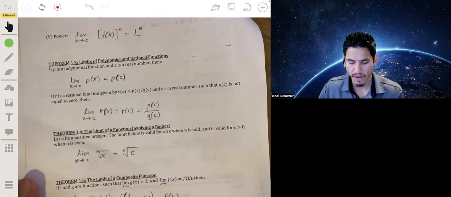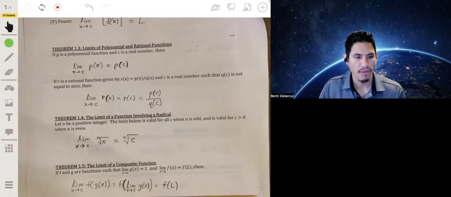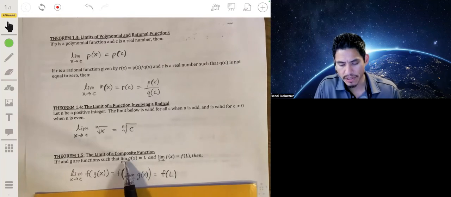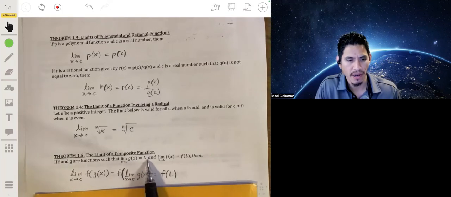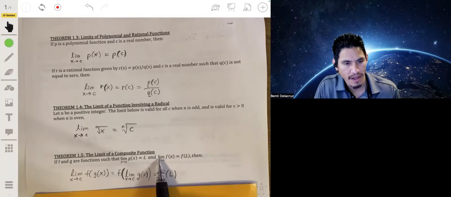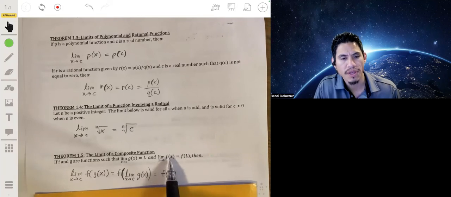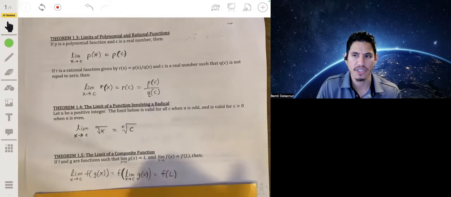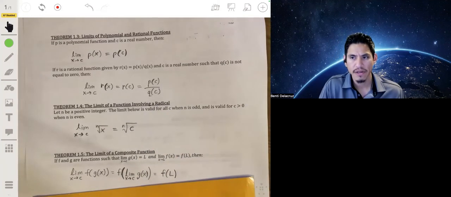Now composite functions, it's going to look a little weird, and let's look at this carefully. In this case, we have the limit as x approaches c of g of x is defined to be L, and we're going to then have that value as our value that x is approaching. So we have the limit of f of x as x approaches L will be equal to f of L. So it's going to be a function of a function. Remember, a composite function is basically you're taking a value for one function and plugging it into the other one.